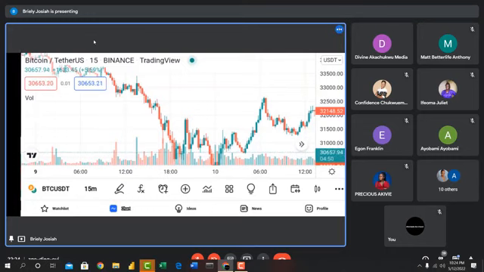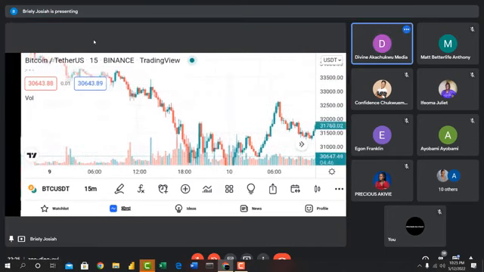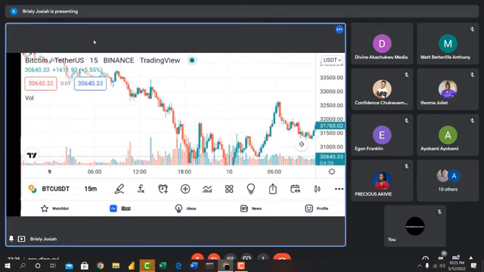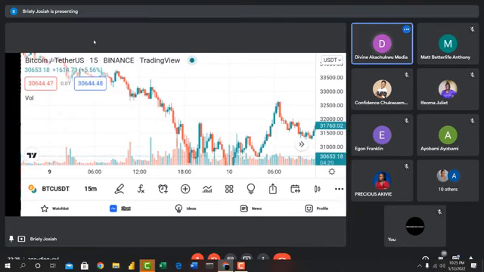So I don't know if there's any other question. I have a question. Please remind me, what do you say about that reverse hammer? Okay, the reverse hammer is basically just telling you that a particular trend is about to change direction.